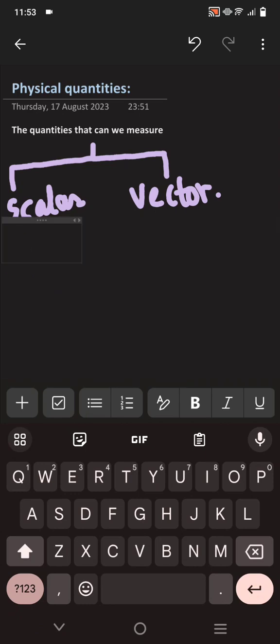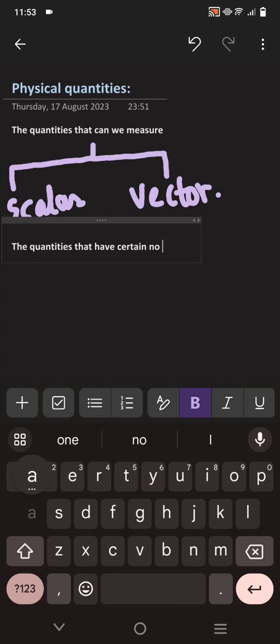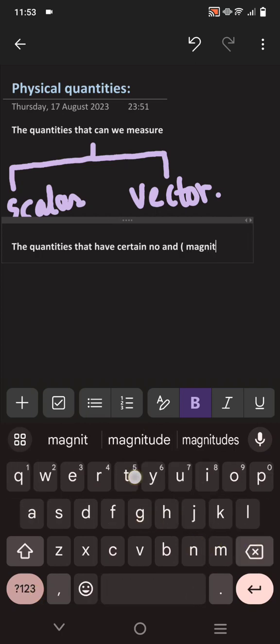Let's just see what is scalar. The quantities that have a certain number and magnitude.